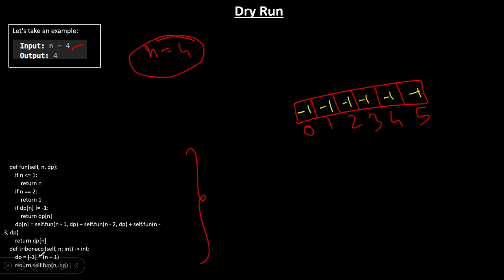Great. So let's call the function. Right now, n value is 4, correct? Is it less than or equal to 1? No. Is it 2? No. Is DP of n not equal to -1? No. So what will happen?